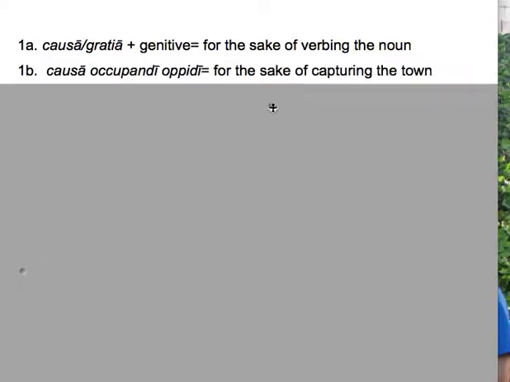Let me show you an example. Causa occupandi oppidi. See how these are genitive? This means for the sake of capturing the town. That's how they express for the sake of capturing the town. This is not a complete sentence. It is just a phrase. So be aware that causa or gratia plus a genitive equals for the sake of verbing the noun.